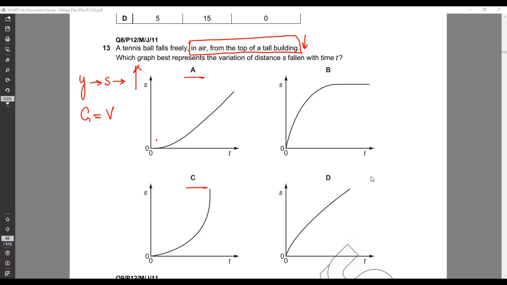So if it's falling freely, what should be the initial speed? 0 or some value? We are not throwing it, we are letting it fall freely. What should be the initial speed then?